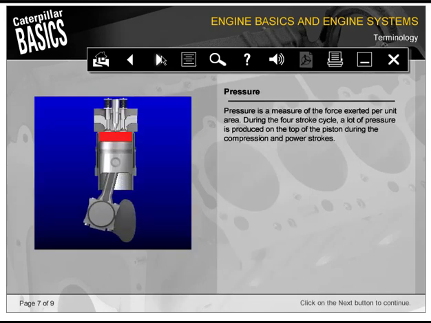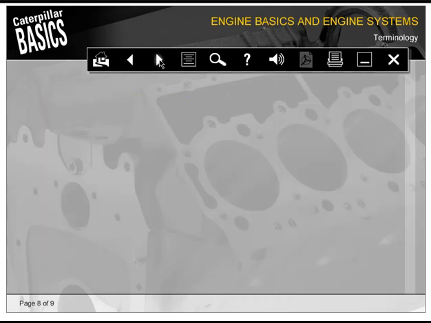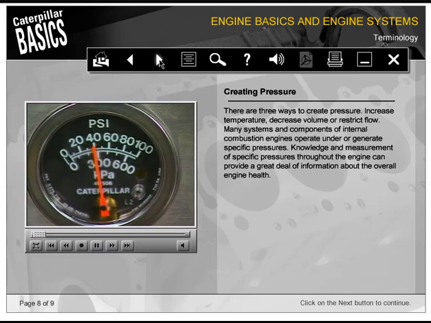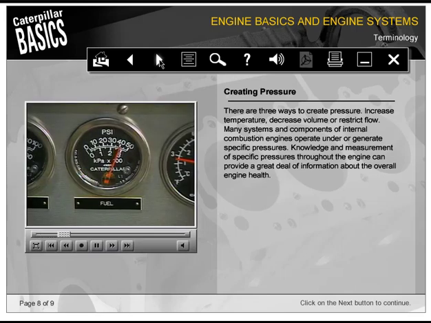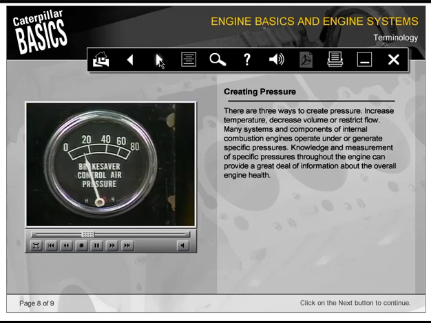Pressure is a measure of the force exerted per unit area. During the four-stroke cycle, a lot of pressure is produced on the top of the piston during the compression and power strokes. There are three ways to create pressure: increase temperature, decrease volume, or restrict flow.